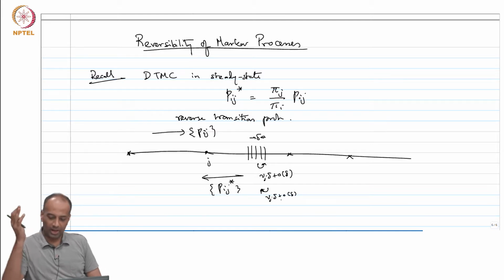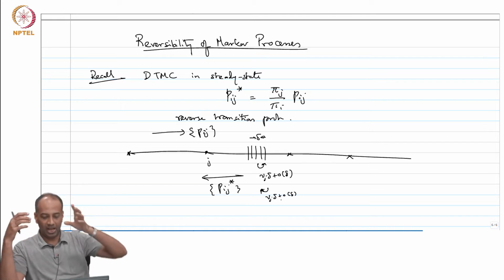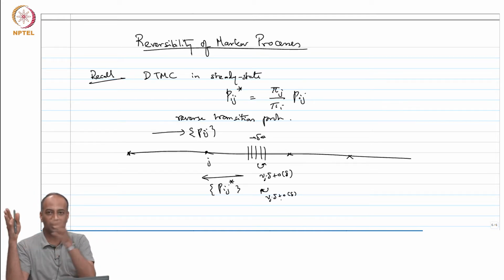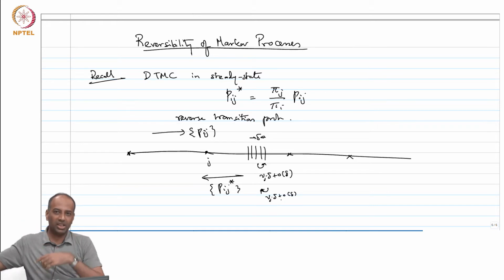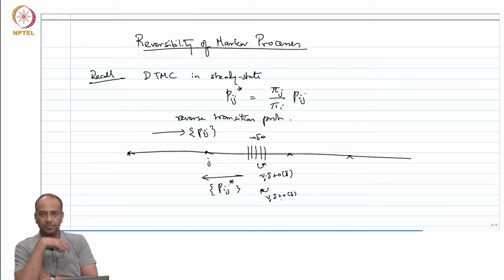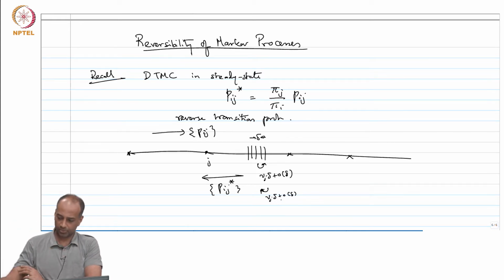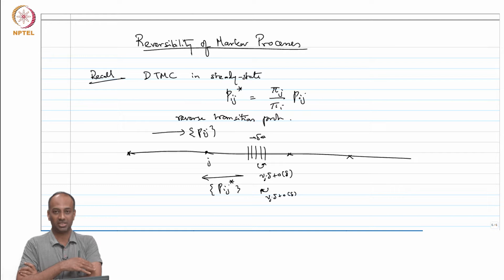When you look at it in forward time, you have these p_ij transition probabilities and exponential holding times of rate nu j whenever you are in state j. When time is running in reverse, you have p_ij star transition probabilities with the same exponential holding times. So the reverse process is also a Markov process, but the embedded Markov chain is different, that is all that we are saying.